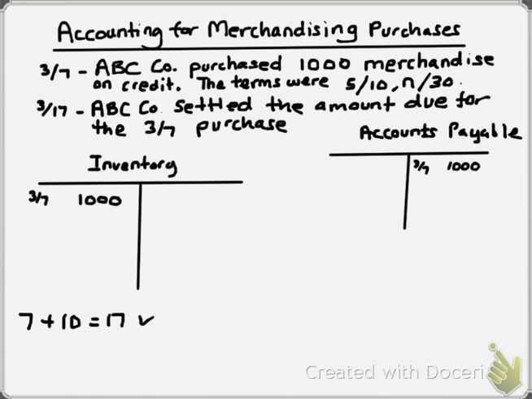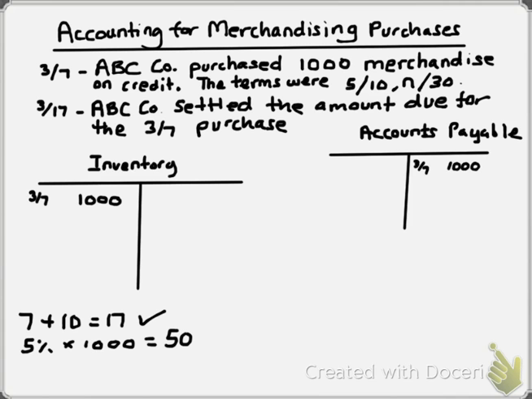We will receive that discount. The next thing is to calculate the discount amount. You know that the discount is 5%. Remember, the 5/10 means 5% discount if we're paying within 10 days. So we receive a 5% discount of the invoice, which is 5% of $1,000, which is $50. That is the amount of the discount.